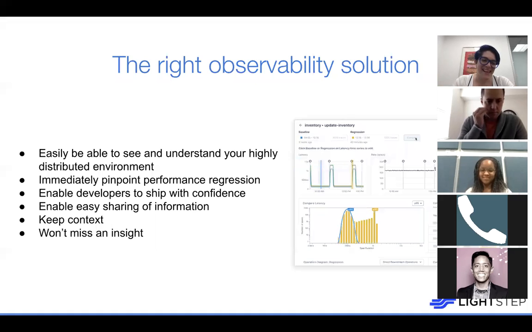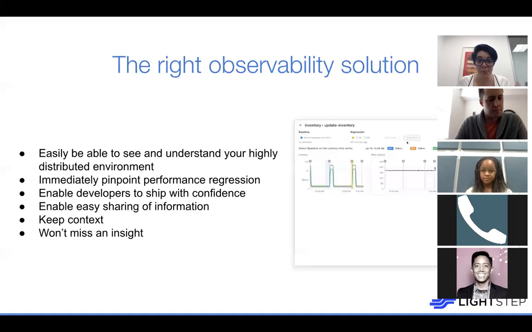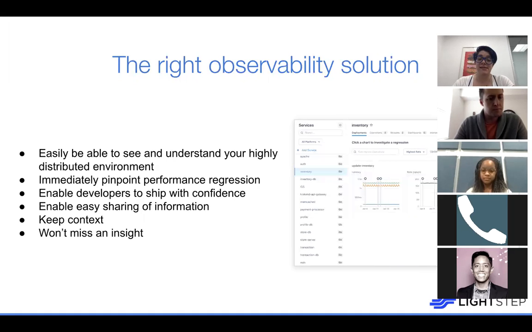So I think when we're talking about what's right for you, that's obviously subjective, right? You know your data and your system better than anybody else. But here are some things that we think are the most important. You should be able to easily see and understand your distributed environment.